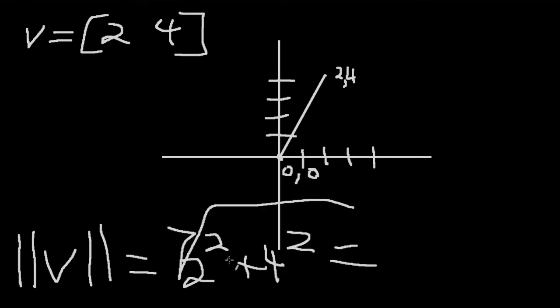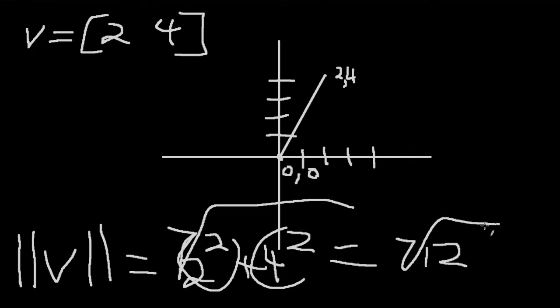So we'd get something like, that's 4 plus 16, so we'd get 20, the square root of 20. And if you pop that into a calculator, square root of 20 equals 4.47.